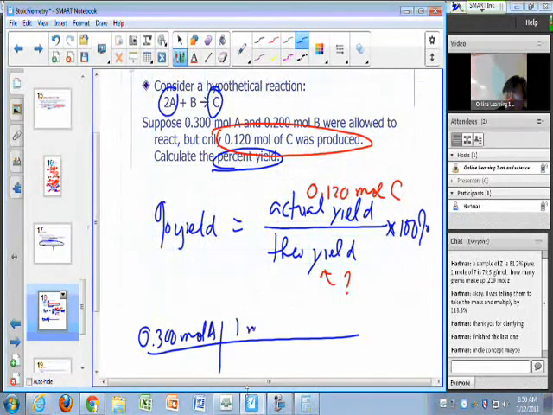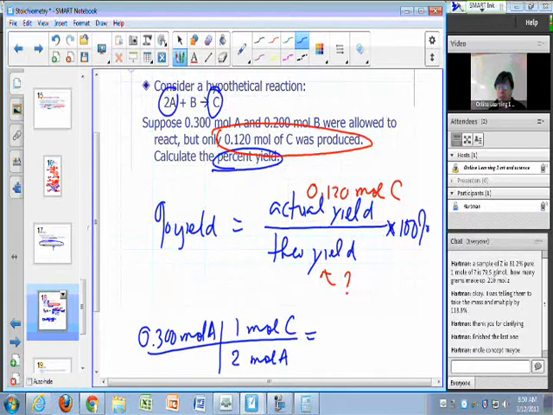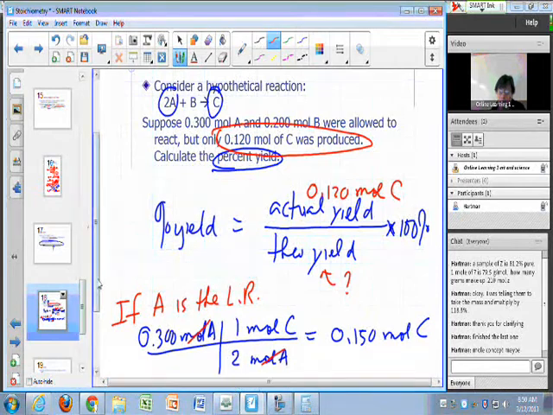So I can make 1 mole of C from 2 moles of A. That gives you 0.3 divided by 2, which is 0.15 moles of C, if A is my limiting reactant. So if A is the limiting reactant, you get 0.15 moles of C.